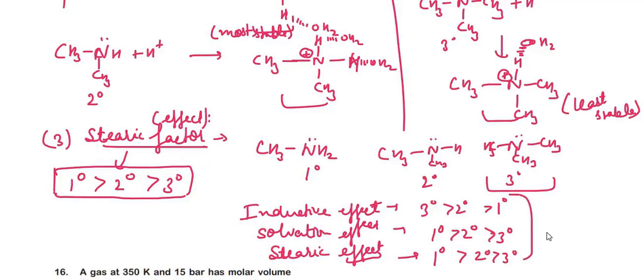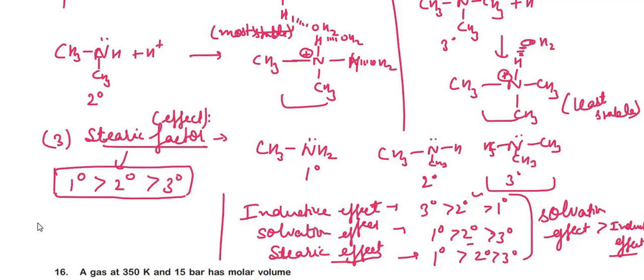So when we compare these three factors, in the case of methyl, the solvation effect overpowers the inductive effect. And after these two, the steric hindrance factor will work. So when we see all three cases, we can observe that secondary is in the middle, so the basic strength of secondary in the overall order is more.